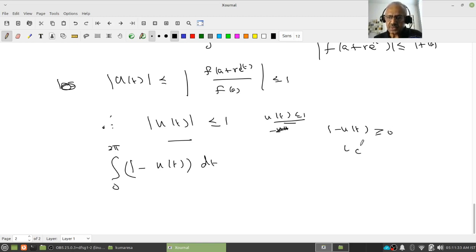And next, this is a continuous real valued function, because f is holomorphic, therefore f is continuous, f(a) is constant, so t going to f(a plus r e^(it)) by f(a) is continuous, and the real part is continuous. Therefore this is a continuous function, and this is greater than or equal to 0, so by the monotonicity of the integral, the integral must be greater than or equal to 0.